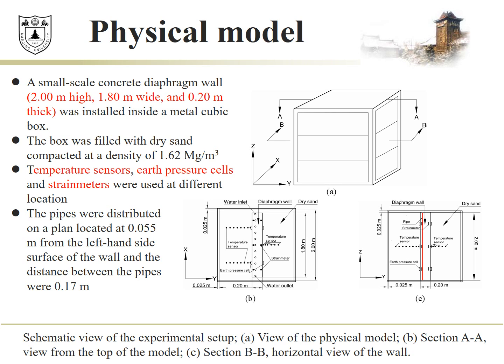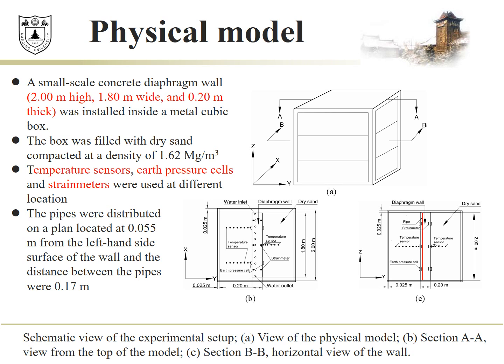The thickness of the box is 25 millimeters, that is high enough to consider that the box is undeformable in this experiment. The model box was exposed to the indoor air, and the heat convection between the surface and the air is natural convection. The box was filled with dry sand, compacted at a density of 1.62 megagrams per cubic meter.